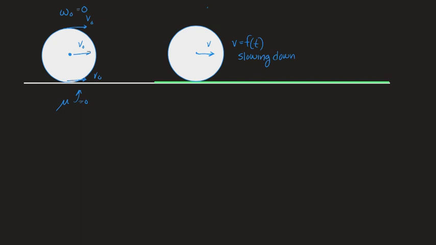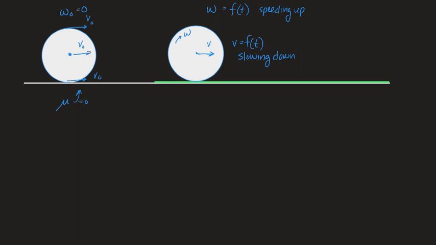But the angular speed, which is also a function with respect to time, is speeding up. Right? It's beginning to have an angular speed. So it's starting to speed up its rotation while it's slowing down its linear velocity.